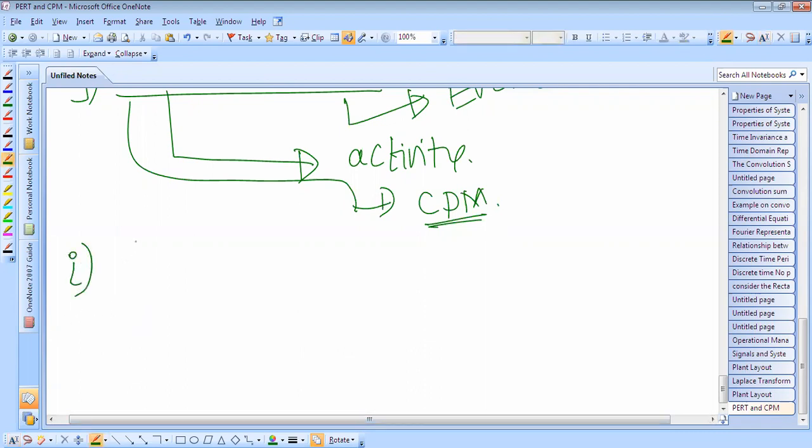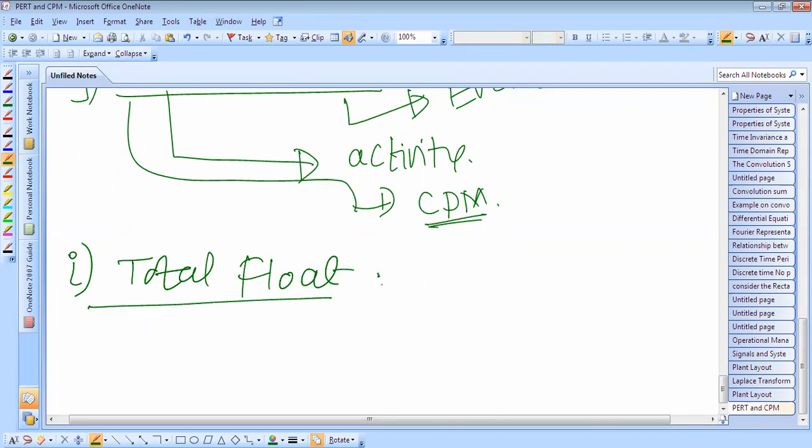Okay, so next is the total float. Total float is an additional time which a non-critical activity can consume without increasing the project duration.